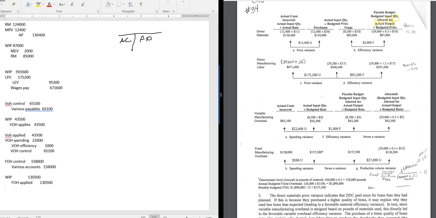Okay, then I need to record my variances. So my fixed overhead spending is unfavorable, so it's a debit. And my production volume variance is also a debit, because it's unfavorable, 27,000. Okay, and so now I've got to close out. I'll close out my applied first. This is a credit, so I debit it.